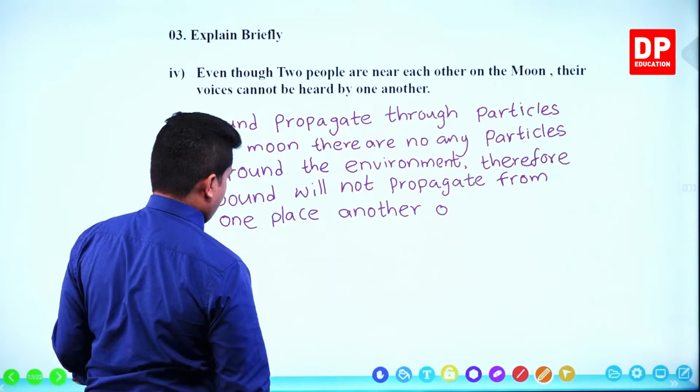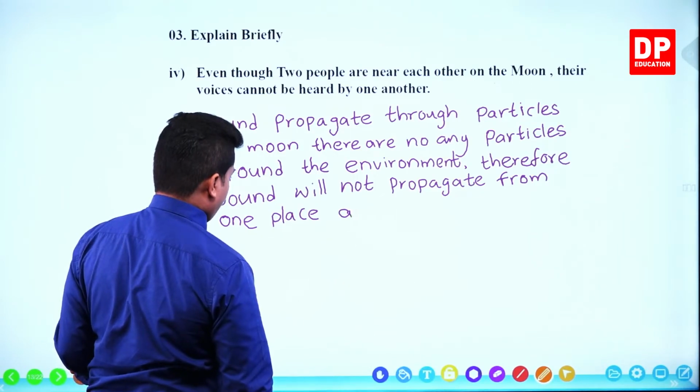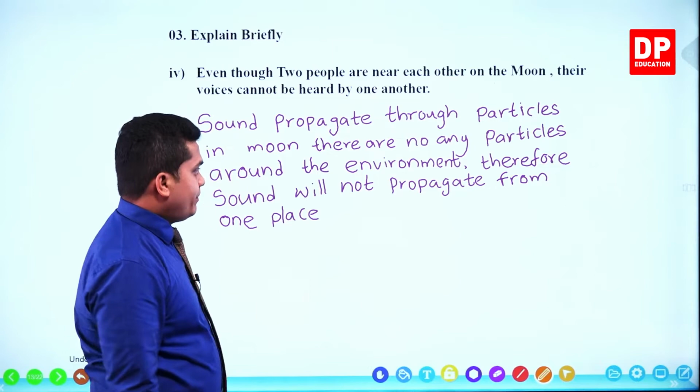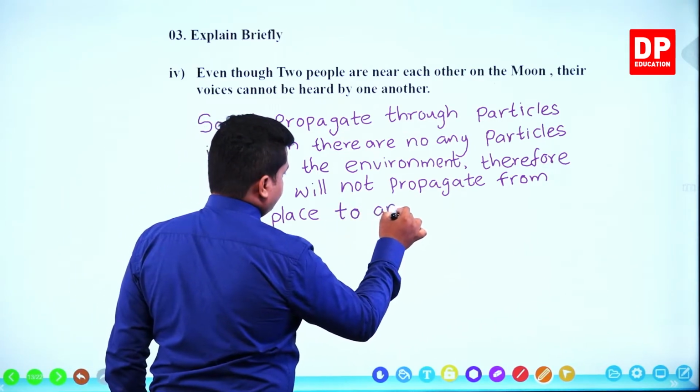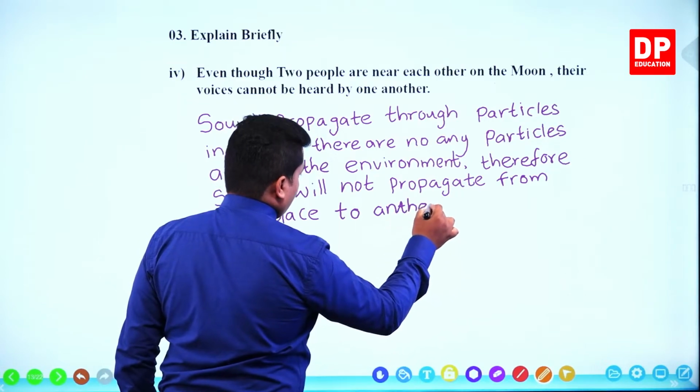So here you have to include: sound will not propagate from one place to another on the moon.